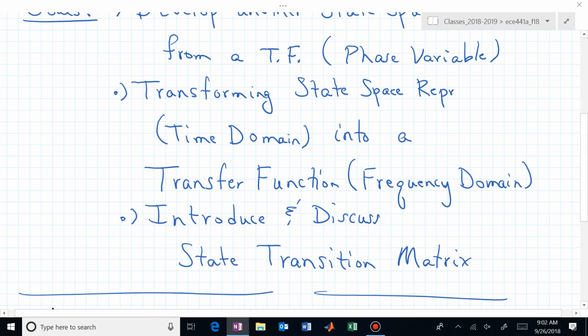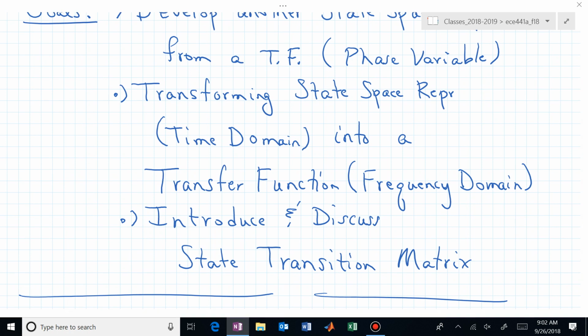Then we'll talk a little bit about connecting time domain and frequency domain representations in a scalar case, and then advance into the vector case. And then we'll talk about something maybe you haven't seen before, which is a state transition matrix.